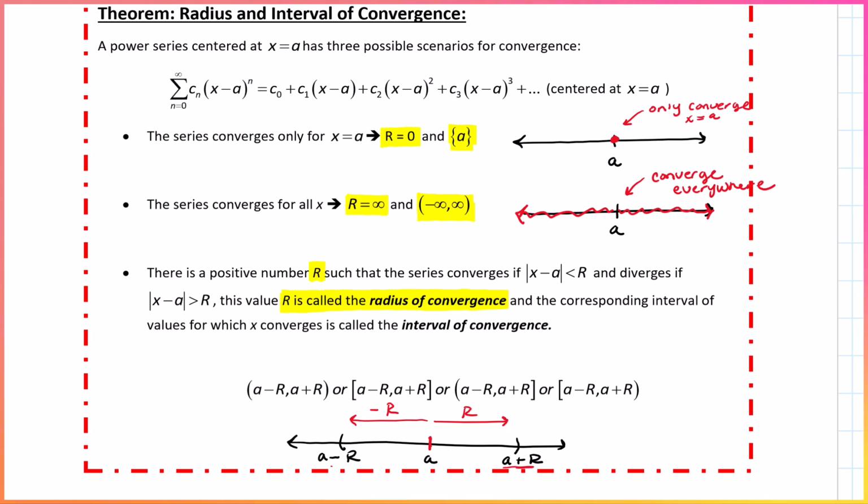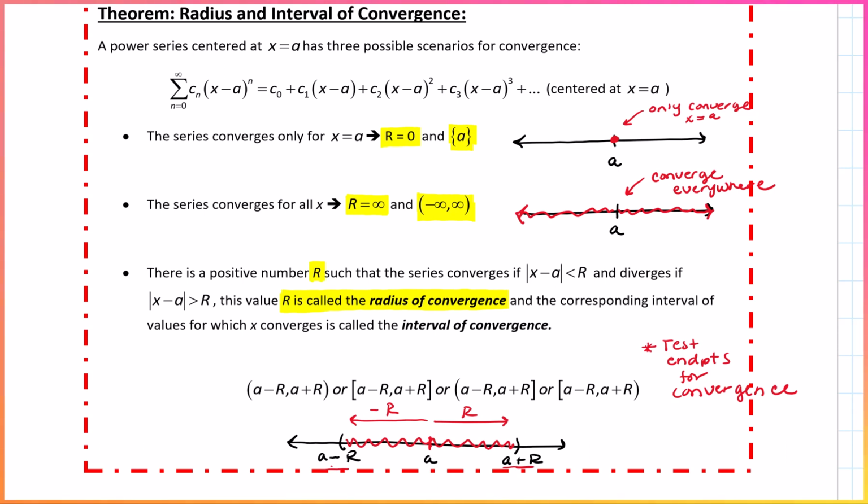So that's the piece. I'm going to go ahead and make a little star right here. We will have to test the endpoints individually for convergence. It could be the case that we converge at those endpoints or diverge at those endpoints. The series could converge at those endpoints, or it might diverge at those endpoints.